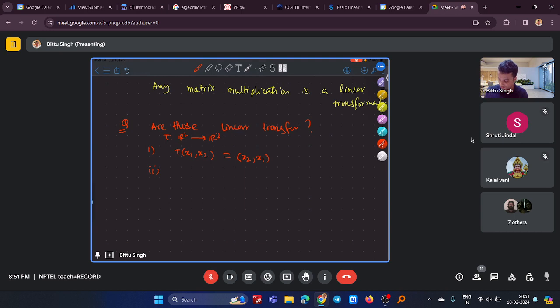Another thing is given by projection. x1 comma x2 actually goes to x1 comma 0. That is, the first one is reflection along this line. Okay, it is reflection. That is, x comma y goes to y comma x.